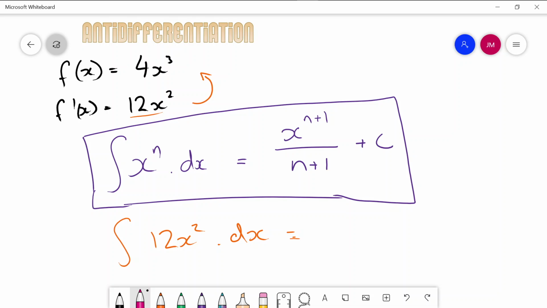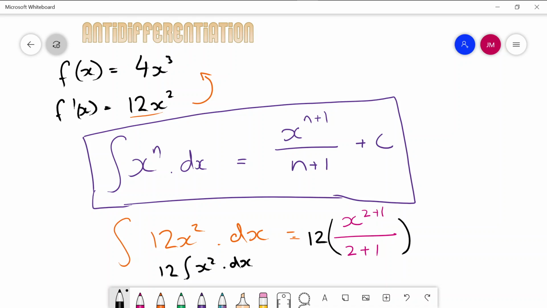So my final answer at the top here, I'm going to have x, where n was originally 2, plus 1. And I'm going to divide it by 2 plus 1. And my 12, thankfully, I've got 12 at the front here. I can write that out the front of the integral. So any constant, I can just take out the front. So I'm going to multiply this whole thing by 12.